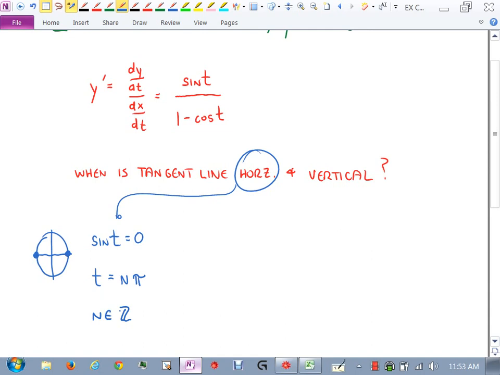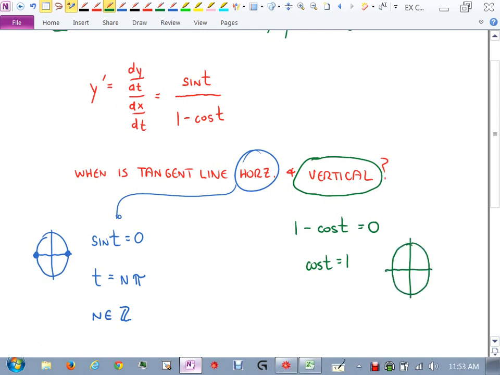So at n pi, and then where is it vertical? Where it's undefined, which means where the bottom is 0. Where does that happen? That happens at cosine being equal to 1, right? And going back to our unit circle and looking at cosine, cosine is the x-coordinate. Where does that happen?